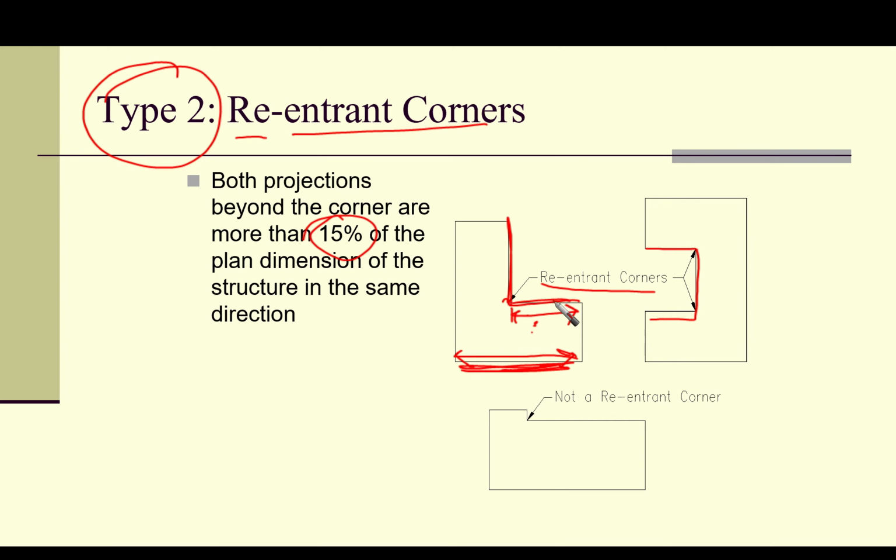If it's a small one like this, in this direction, this small re-entrant compared to this direction is less than 15%, so there is no horizontal type 2 irregularity here.